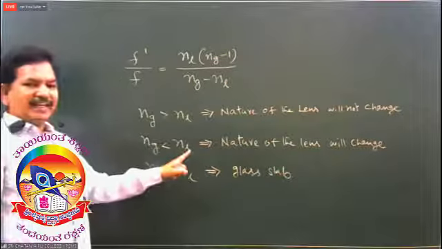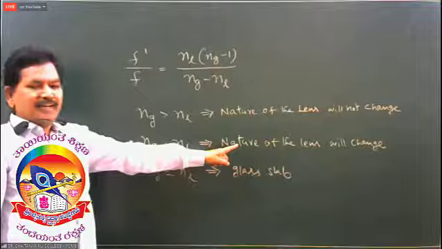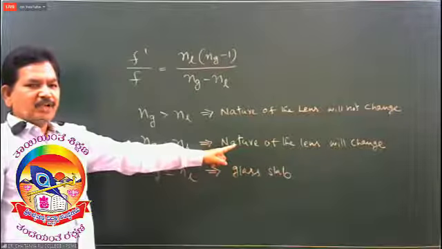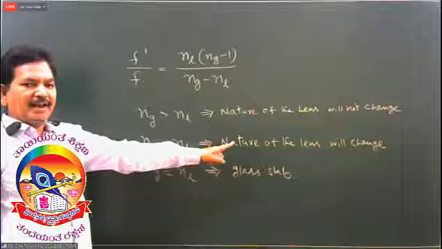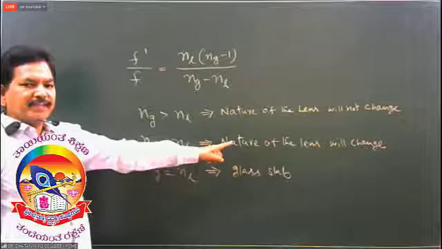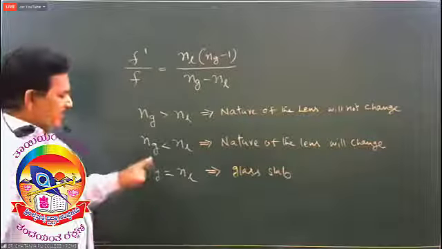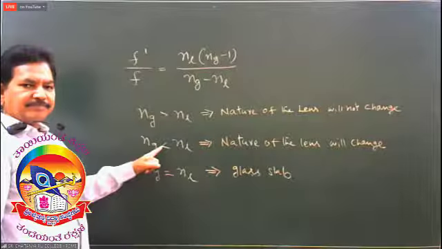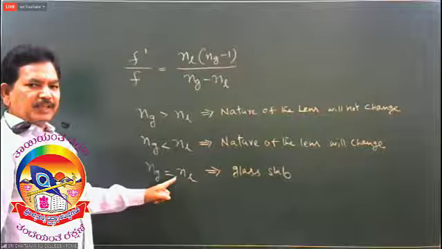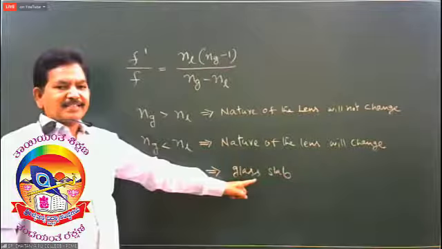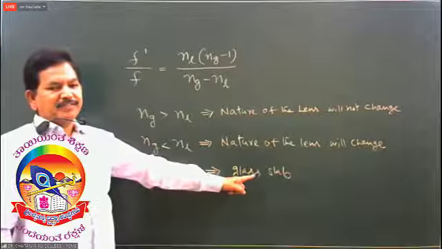NG less than NL: the nature of the lens will change. Convex will behave as concave, and concave will behave as convex when immersed in a liquid. If NG is equal to NL, then the lens acts as a glass slab.